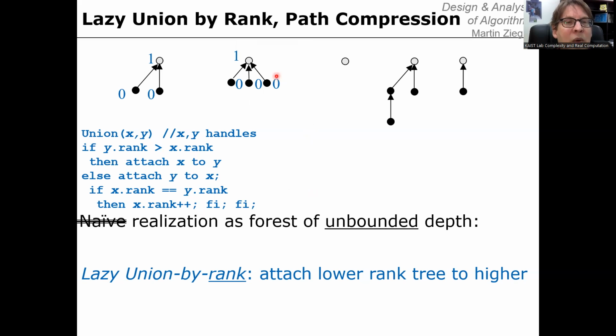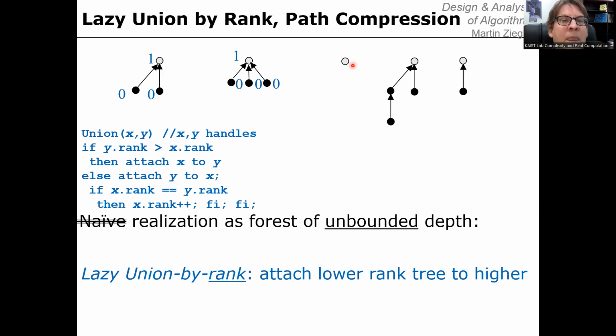So here you see the rank indicators attached. The leaves have rank 0, height 0, imagine. The node above has height 1. Usually we think that the root has height 0 and lower nodes have larger height, but here it's the opposite.